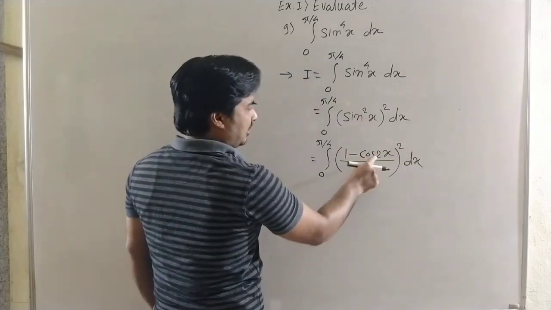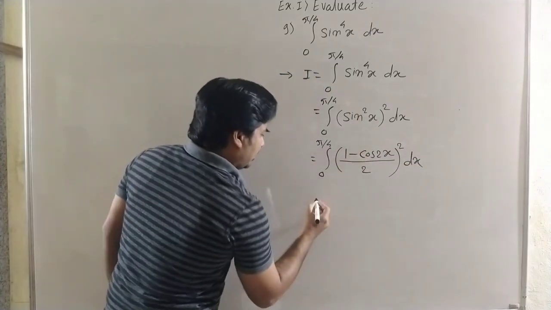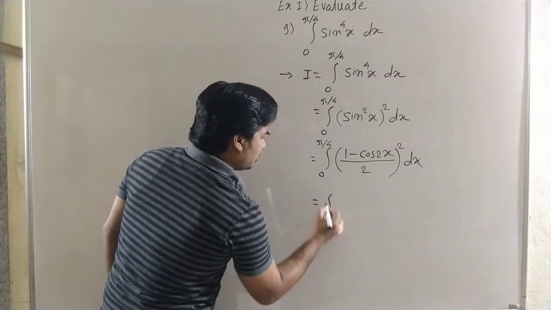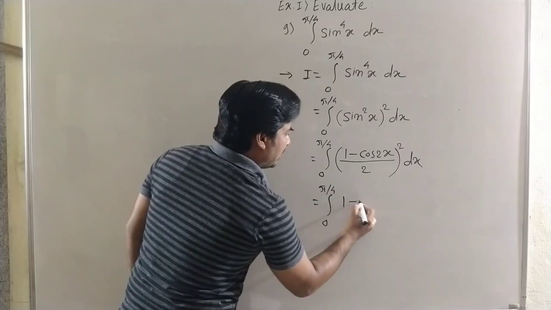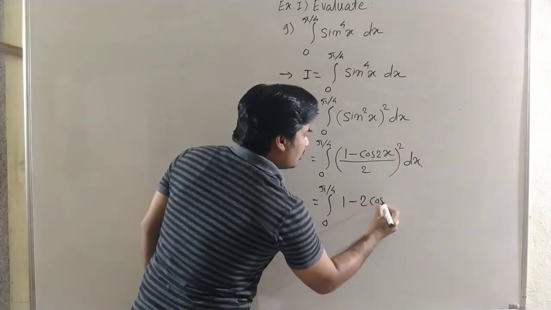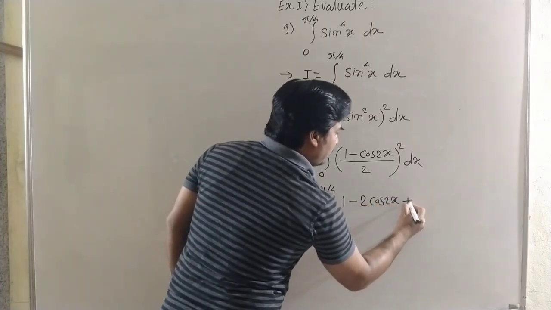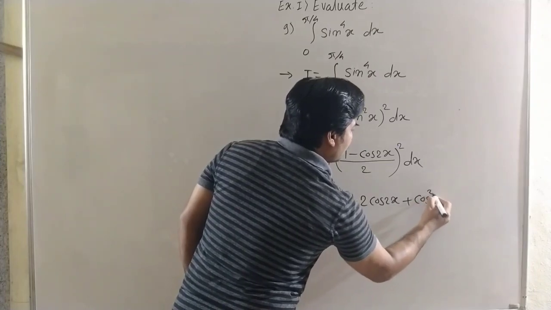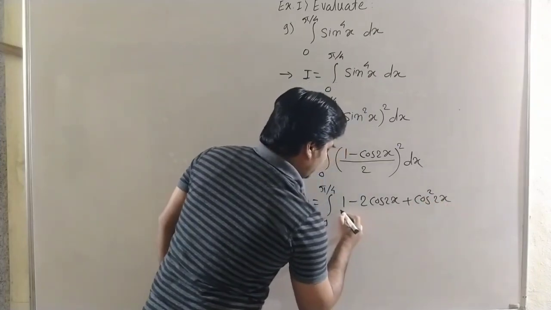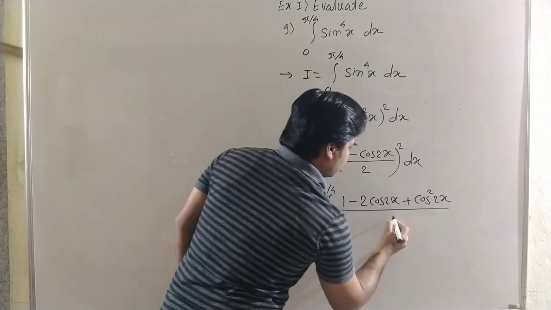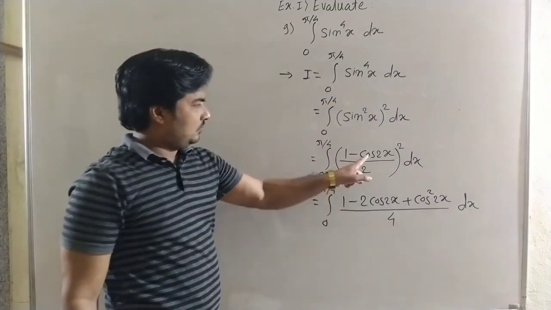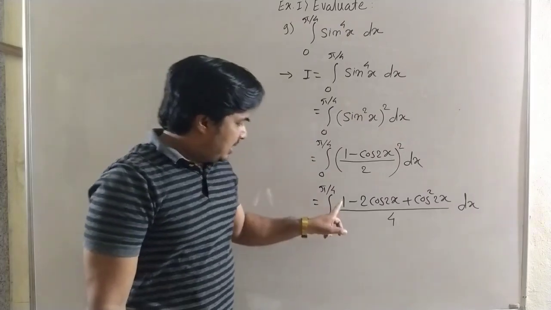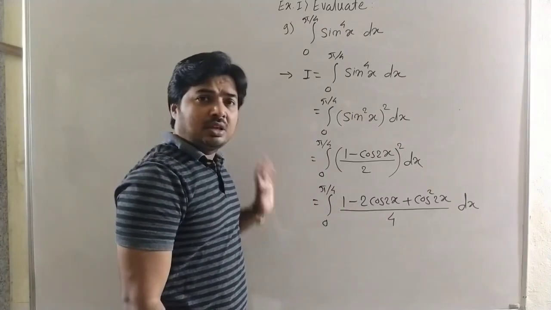Here sin square x is 1 minus cos 2x upon 2. Now again we can find the square of this term: 1 minus 2 cos 2x plus cos square 2x, and whole upon 4. Okay, it is the square of this term. Now here the 1 upon 4 is a constant, we take it outside the integral.